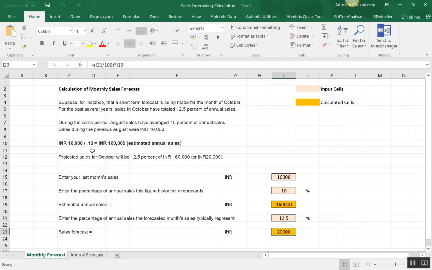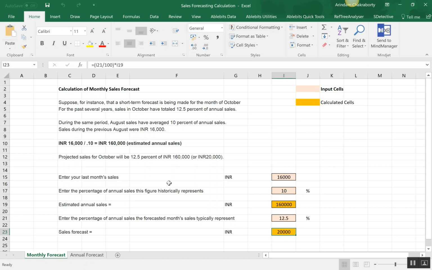If we divide the 16,000 by this 10%, INR 1,60,000 is the estimated annual sales, because the 16,000 is on average 10% of the annual sales. Now projected sales for October will be 12.5% as per the past trend of INR 1,60,000. That is roughly around 20,000, right?